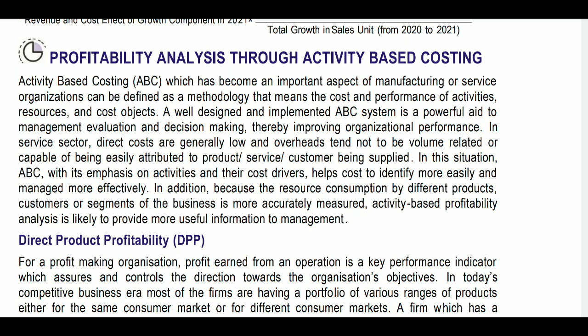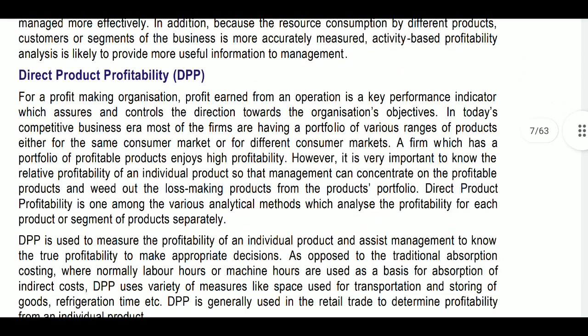Next, if it is a service sector, the direct costs will be generally low, and overheads will not be volume related, so ABC will identify them easily and manage more effectively. Next, resource consumption, where different products, customers, segments of business will be more accurately measured using the activity based measure.